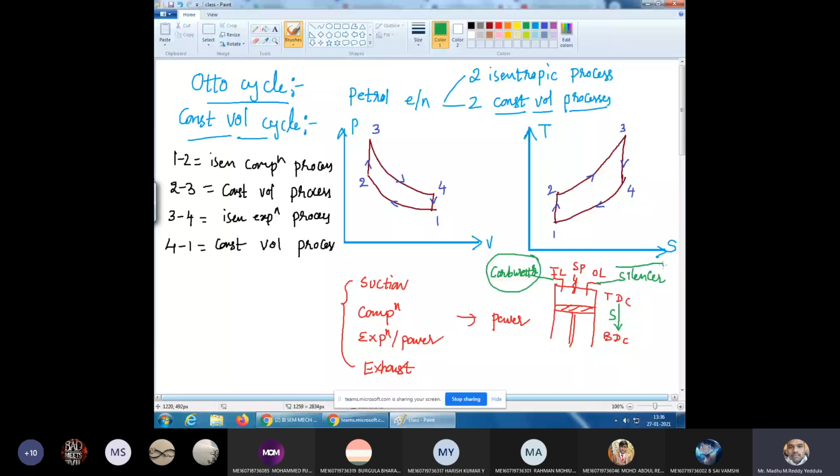Now, during the suction stroke, the piston is moving from TDC to BDC. Therefore, inside the cylinder, it is filled with air plus petrol from the carburetor. So at the end of the suction, the piston is at the bottom dead center. Means when the piston is moving from TDC to BDC, suction is completed.